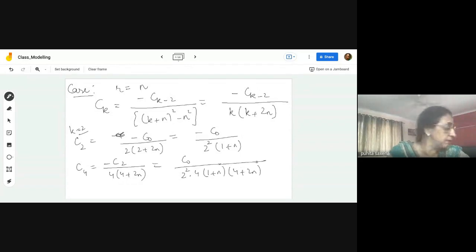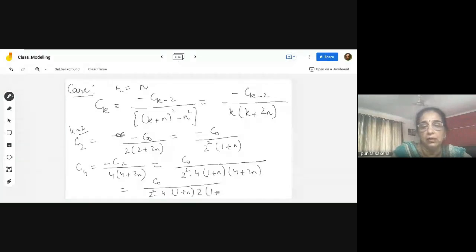यही आ रहा ना? Okay. Now, this I can also write as C naught upon 2 square into, I still write it as 4 into 1 plus n. And again, we can take 2 common, and I have 2 plus n inside the bracket if I take 2 common.